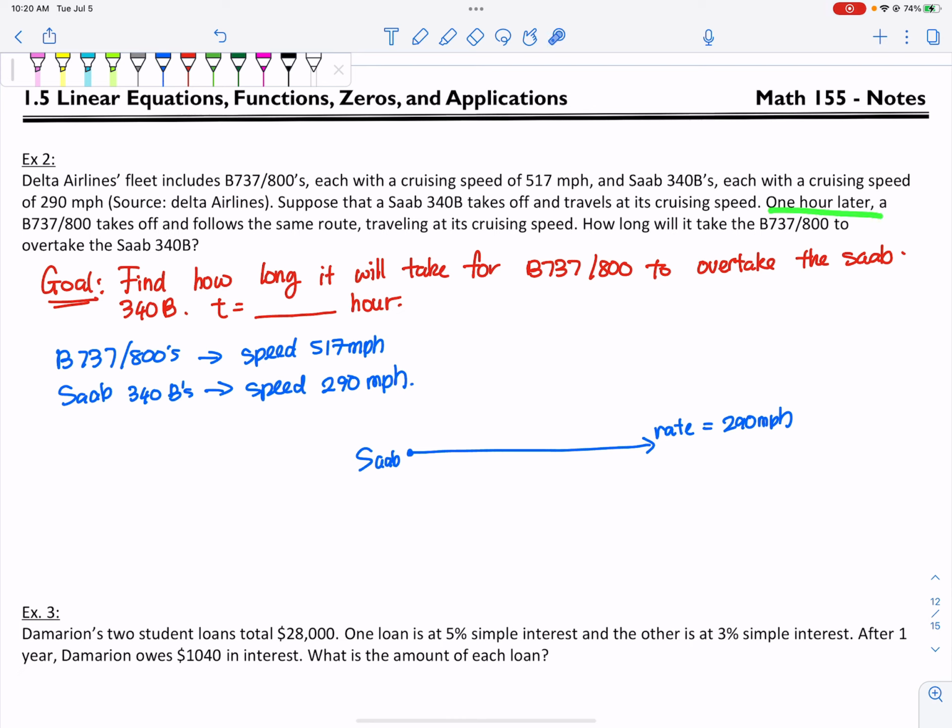1 hour later, a B737-800 takes off and follows the same route. So here we have an hour later. We have the B737-800 takes off at cruising speed, and the cruising speed we jotted down earlier was 517 miles per hour.